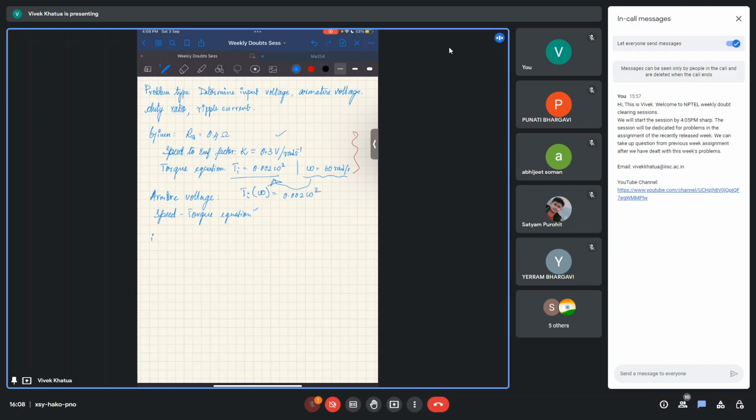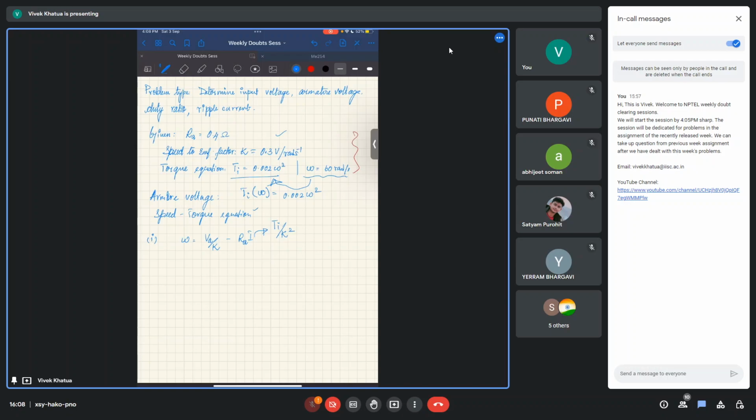Let us take the first problem, finding armature voltage. Here the speed torque equation is omega equals V armature divided by K, minus the resistance of the armature coil times the current that is flowing, that is nothing but the load torque TL, divided by K square.